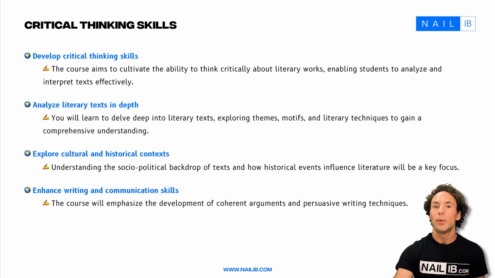So in that, we will examine how societal norms, cultural values, historical events influence the themes, characters, narratives of the work, and which allow us to understand better the social political backdrop of the text and allow us to consider the ways in which literature reflects and responds to the world around us.